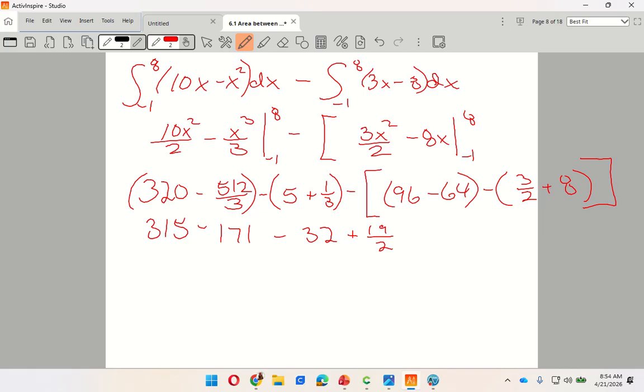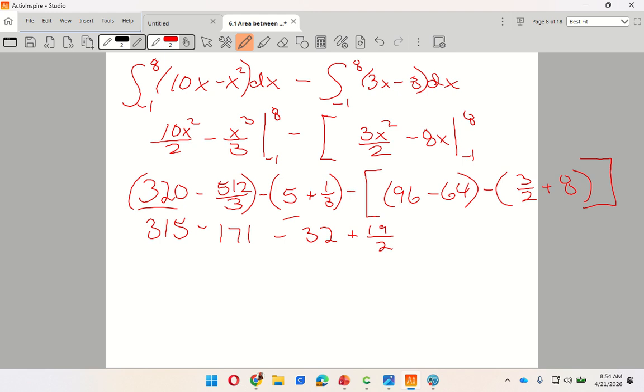And as we put all those together, this and this, 320 and -5, that's 315. This right here, if I add 1/3, that'll give me 513, and 513 divides by 3 evenly into 171. Then that one's 32, and the last one's 19 over 2.